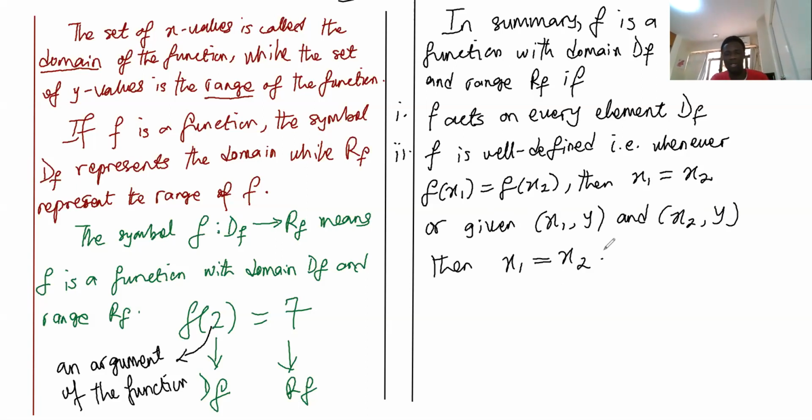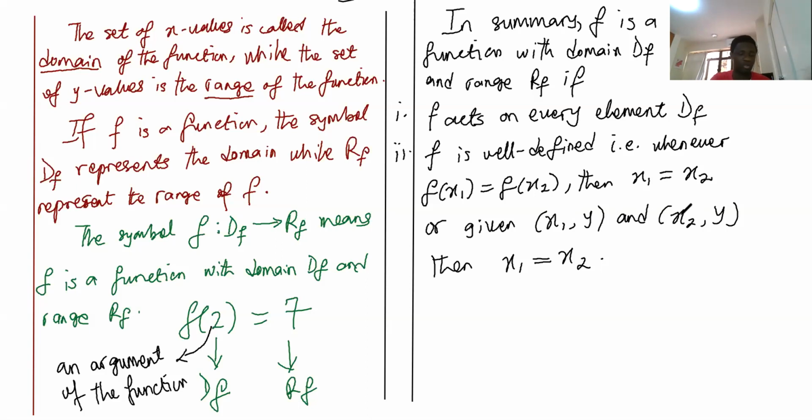That is, anytime the elements from the domain are the same, it can only be that the same element was used again, which means there is no way you can have different elements resulting in the same domain. That is what we mean by well-defined. Any question?